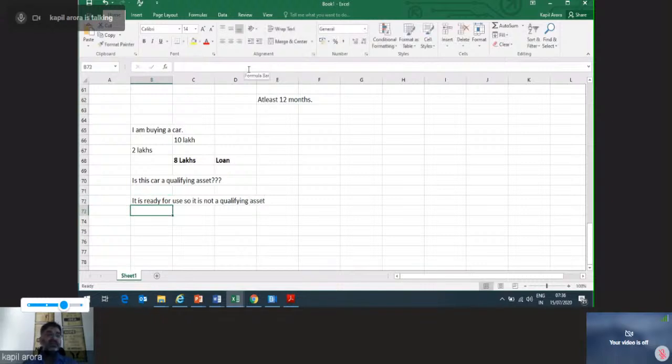When it is not a qualifying asset, interest will be charged to profit and loss account. It is ready for use when I bought it. I don't have to do anything after that. I have not even given the order to manufacture it.